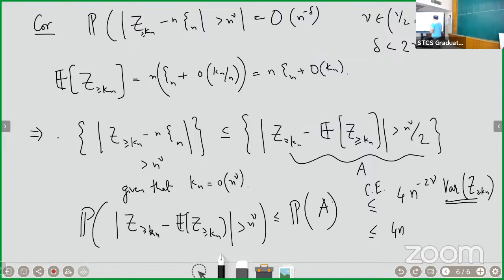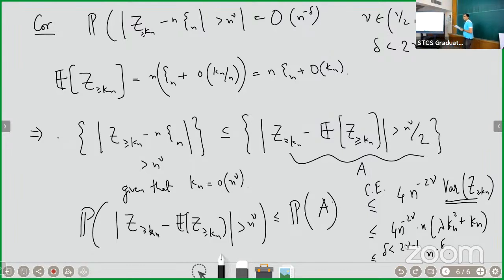And for any delta less than 2 nu minus 1, this quantity is at most n to the minus delta, because kn is nothing but k log n.